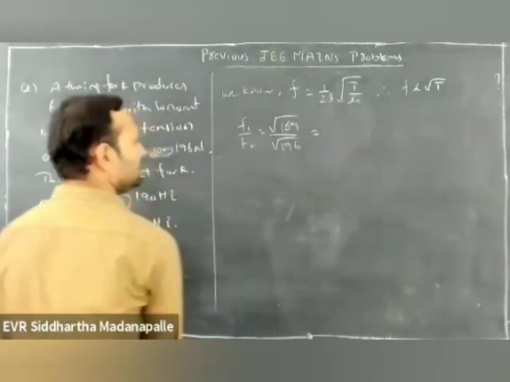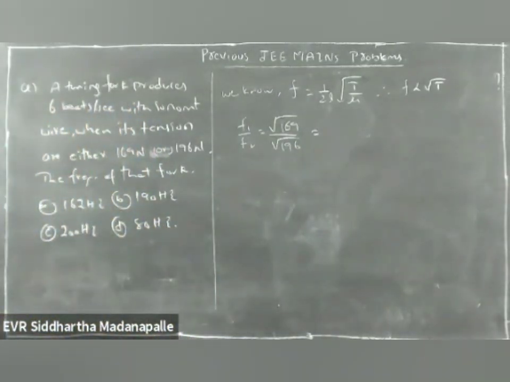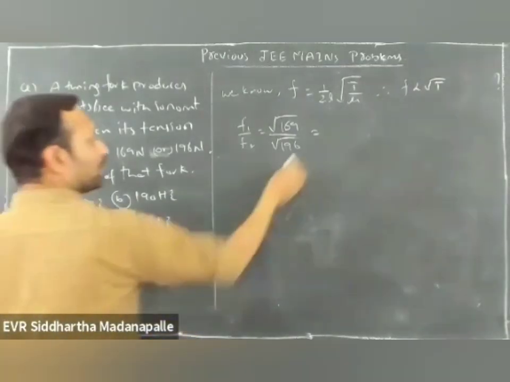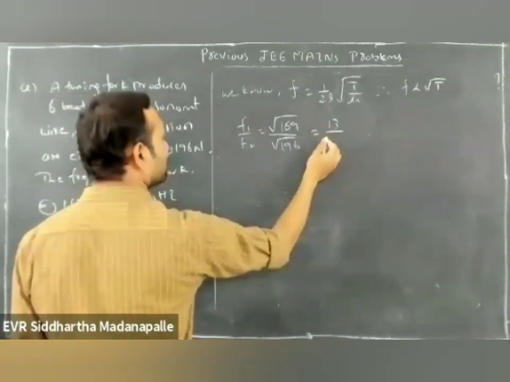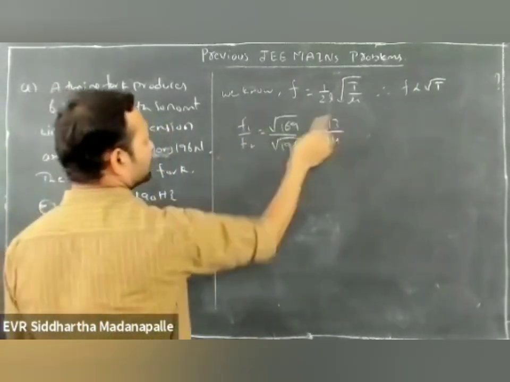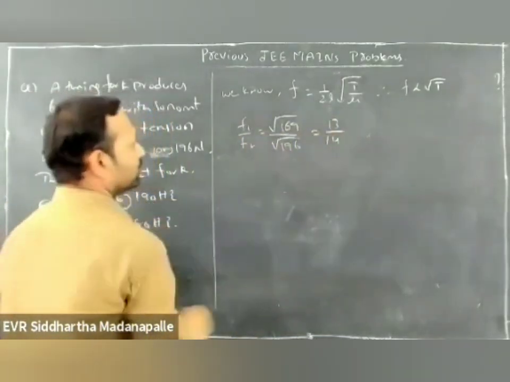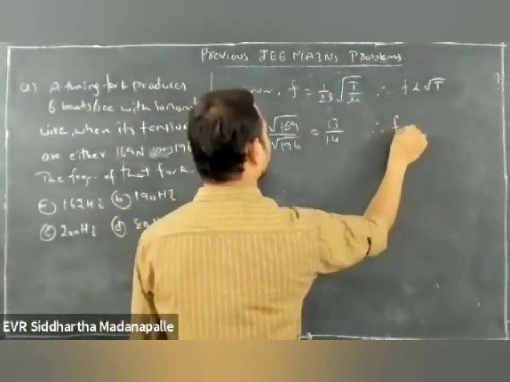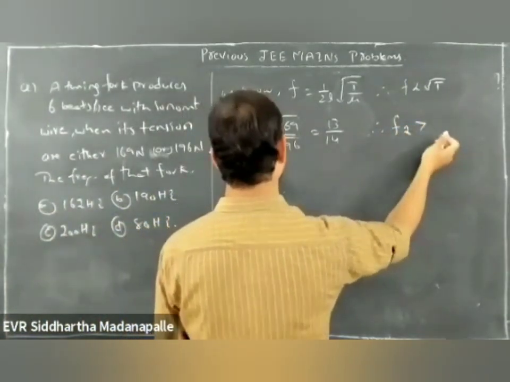What is the value of root of 169? It is 13. Root of 196 is 14. So here F1 value is 13, F2 value is 14. So F2 is greater than F1.